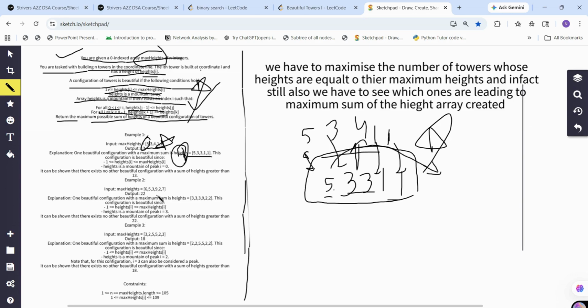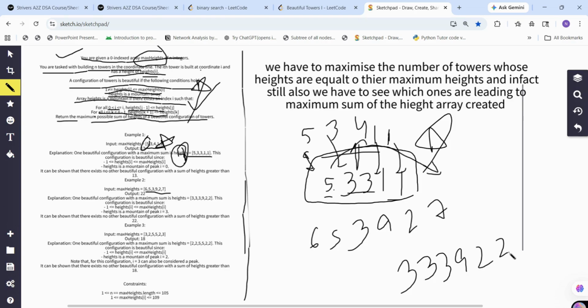Similarly, for 6, 5, 3, 9, 2, 7, and here we have 3, 3, 3, 9, 2, 2. This we will be creating ourselves. So how will I think about this?